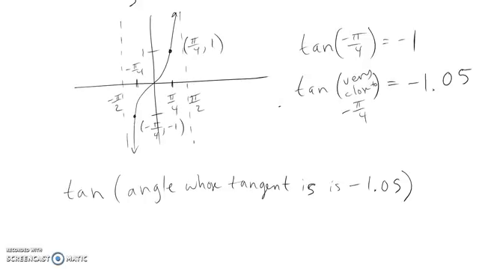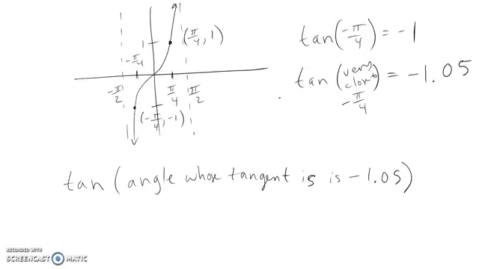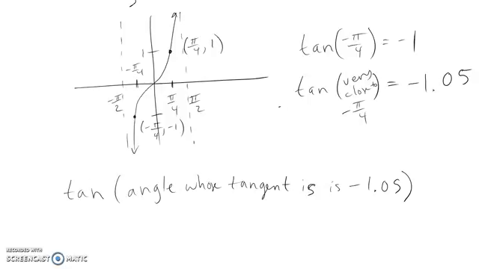So we know that we're in the interval, because where's negative 1.05? Negative 1.05 is just a little bit here. So here's our angle, maybe let's call it alpha. We'll put it right there.